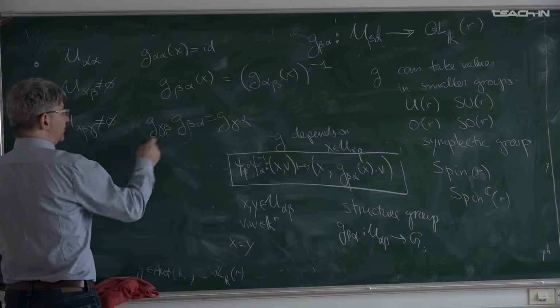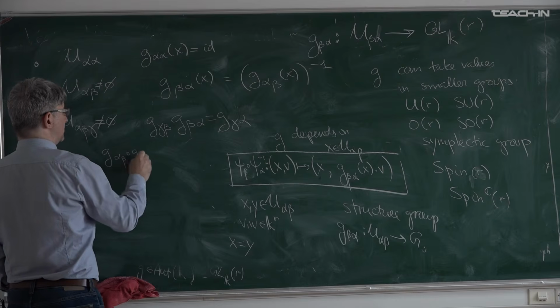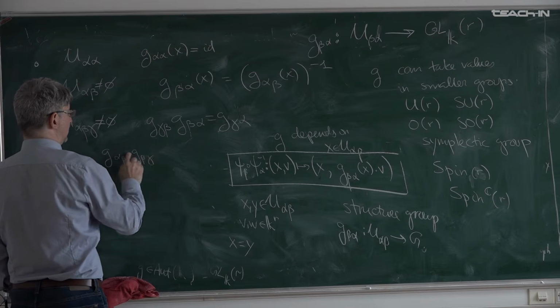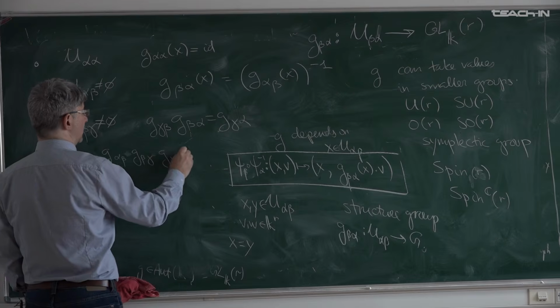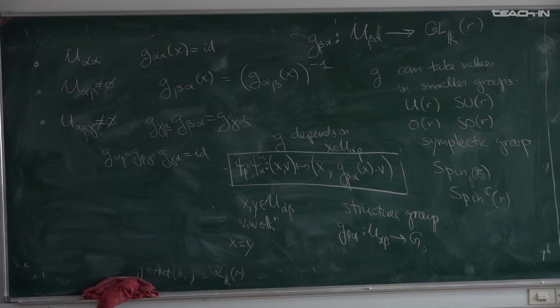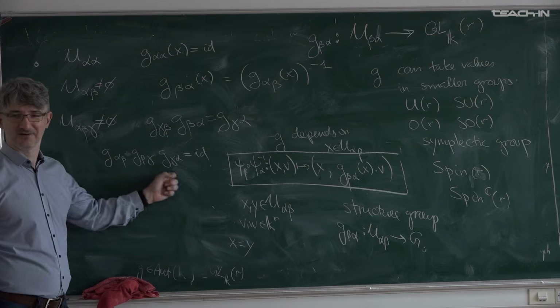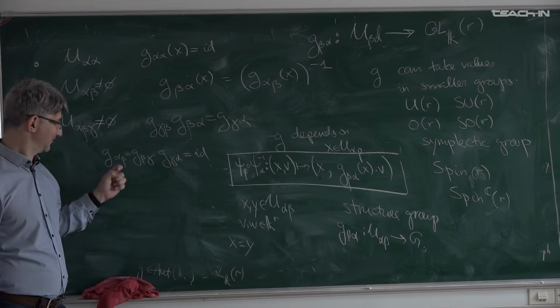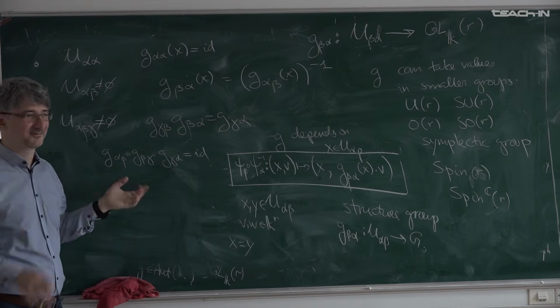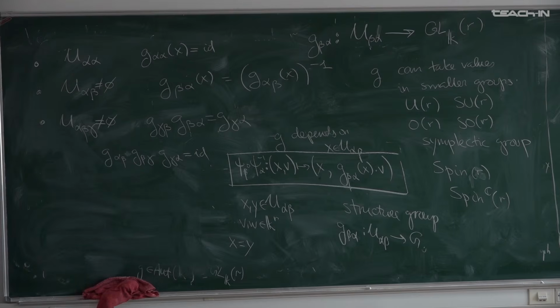Maybe you want to write the same formula in this way: g alpha beta, g beta gamma, this product of matrices, g gamma alpha, this will be identity. Absolutely the same. But maybe people who like cocycles say this is a cocycle or this is not a cocycle, because this is a boundary condition in some complex. Okay, so this is the notion of gluing cocycle.